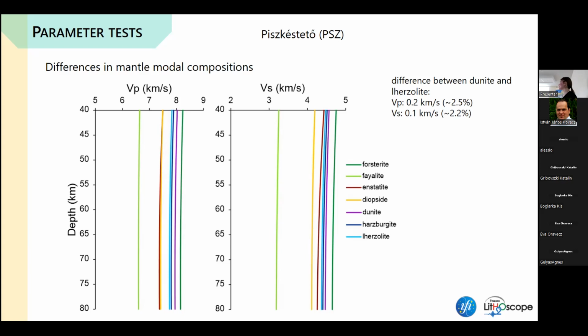From a textural point of view it can have some effects, just for one depth. If there are some layers, for example, it could have an effect for that layer, which would appear in the profile as a change in the seismic velocity. Yeah. Thank you.